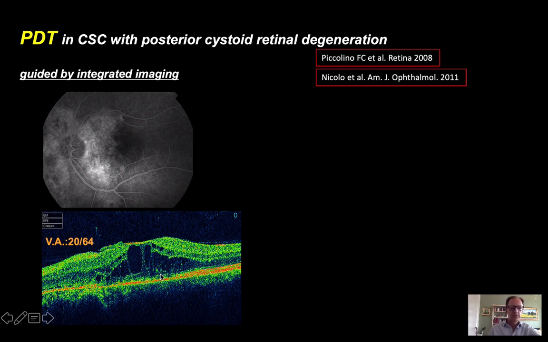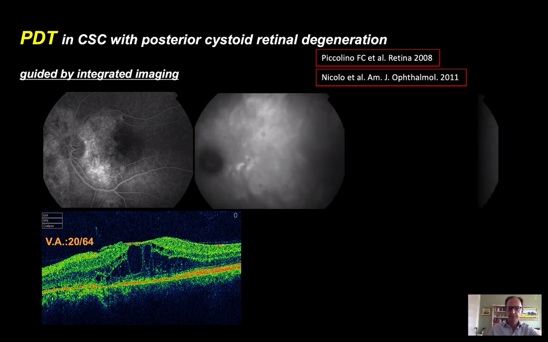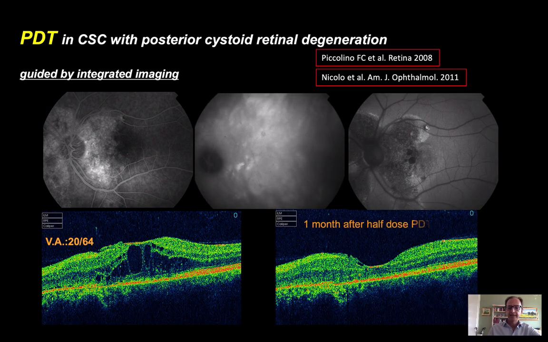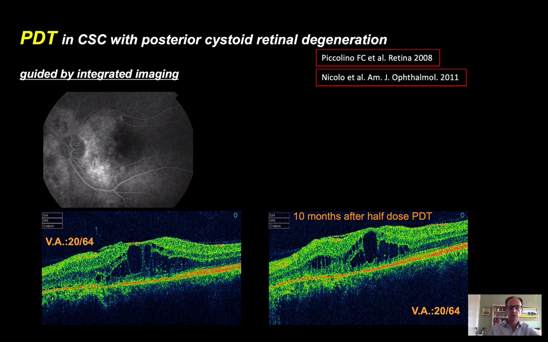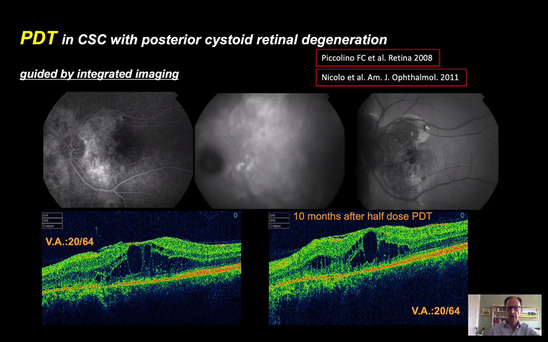We performed the photodynamic therapy, and after 1 month we observed the complete resolution of the fluid. But take a look at the 10-month follow-up visit. There was again a recurrence of the fluid.